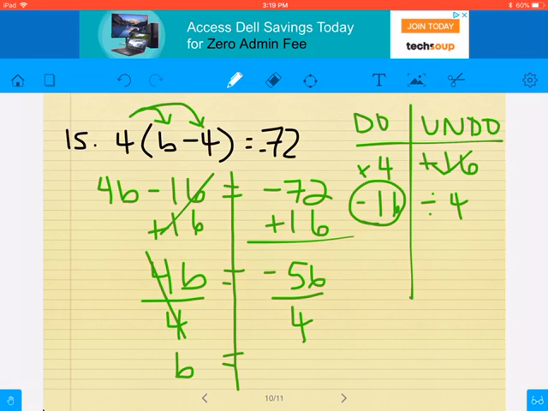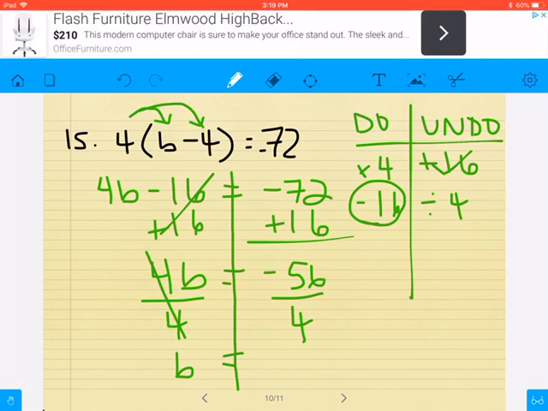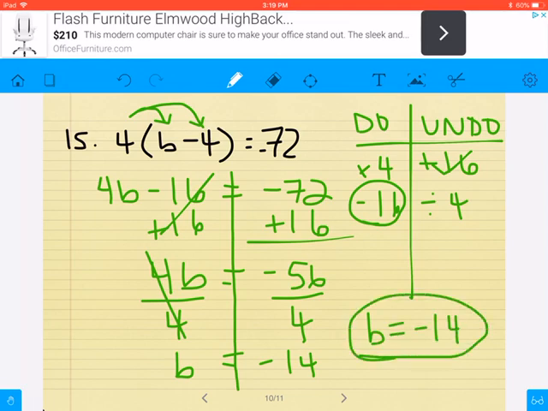Forgive me. And then -56, again, you might have to use a calculator. So -56 divided by 4 is going to give us a negative number, because a negative divided by a positive is a negative, and then 56 divided by 4 is 14. So b equals -14.